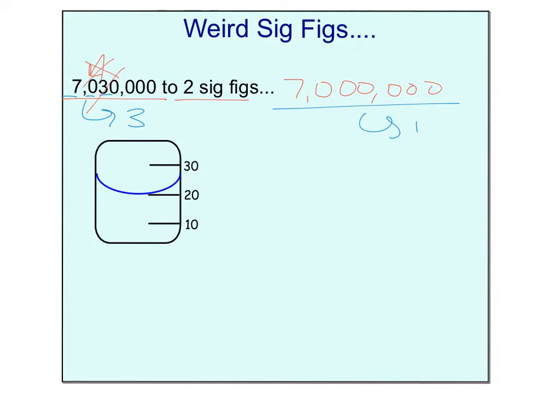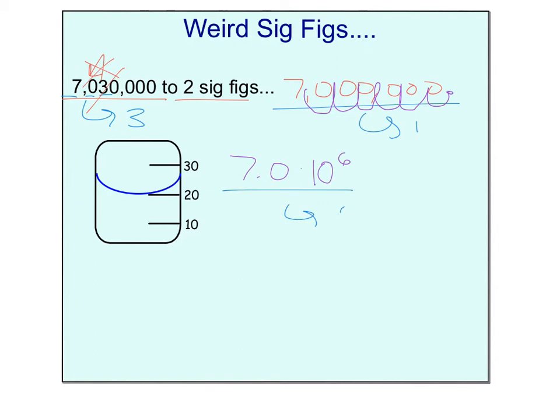So what we can do is use scientific notation to do that. If I'd like to put 7 million in scientific notation, I would take my decimal point and hop it 1, 2, 3, 4, 5, 6. So I'm going to write this as 7.0 times 10 to the 6.